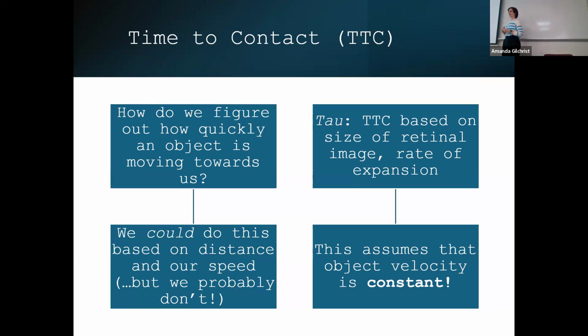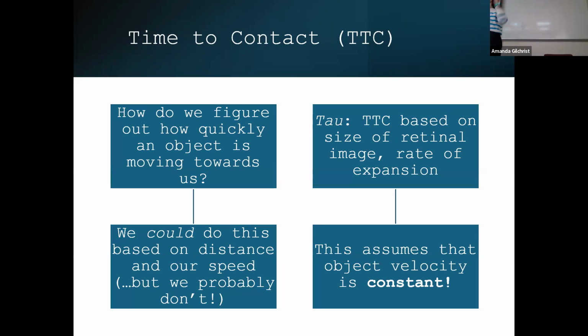Oh. So when we're talking about things coming to us, that's another case where noticing object motion is going to be really important. And in particular, what we are trying to perceive is something called time to contact, or TTC. So how do we figure out how quickly an object is moving towards us?